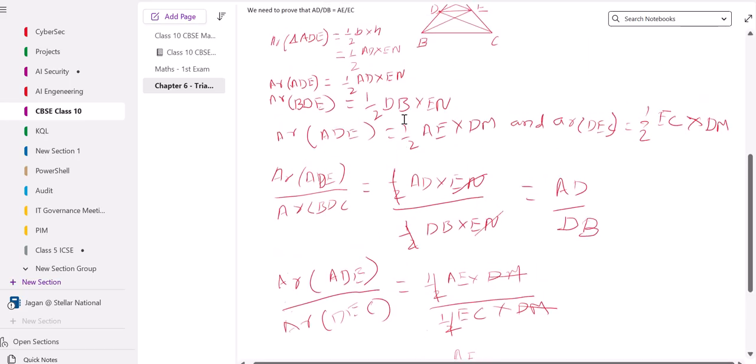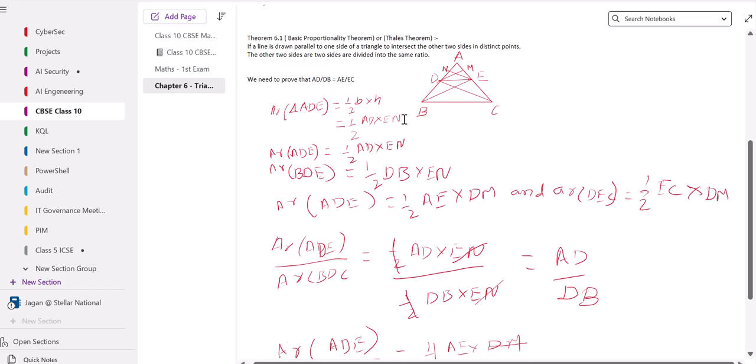Now we need to note one point here. Triangle BDE, this triangle BDE, and triangle DEC, this triangle.